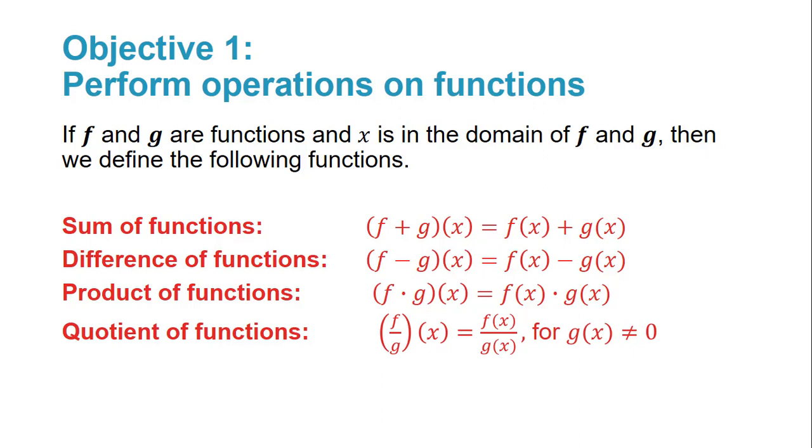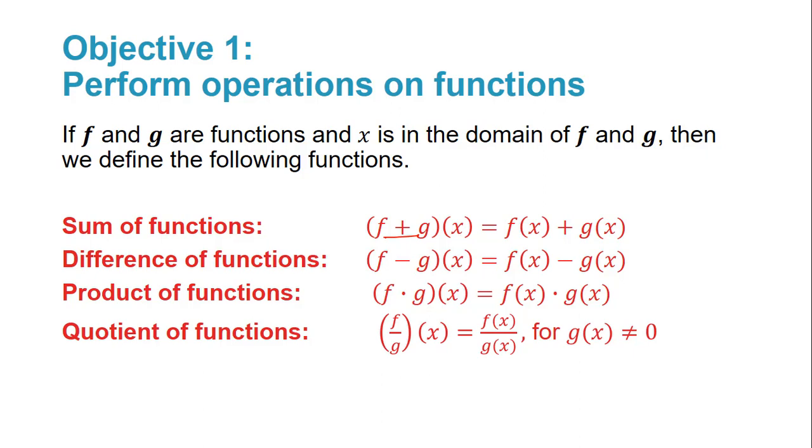If f and g are functions, and x is in the domain of f and g, then we define the sum of functions, f plus g of x, to be f of x plus g of x. The difference of functions, f minus g of x, is f of x minus g of x.